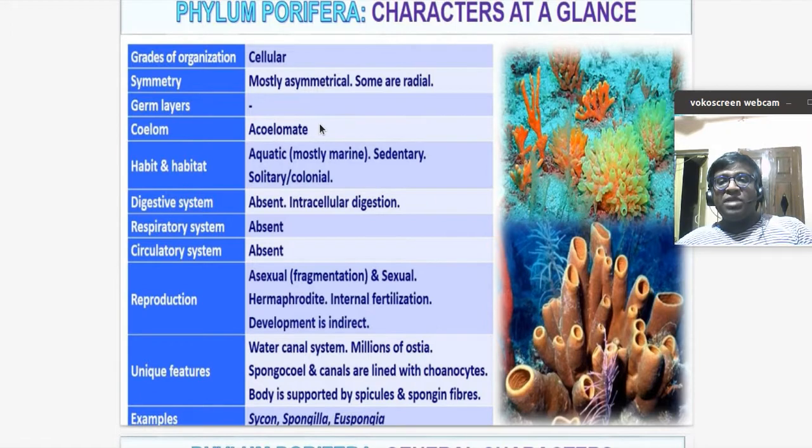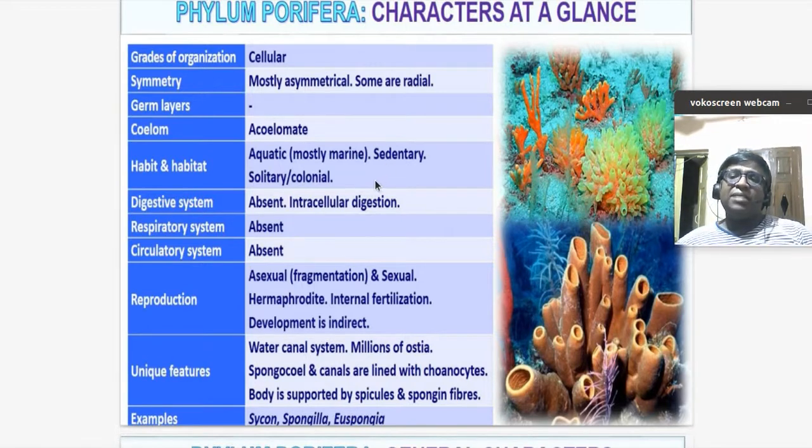Habit and habitat. Whenever we talk about habit, it is where they are found, the address of an organism. Habitat is the livelihood of an organism. So are they heterotrophic, autotrophic, parasites or saprophytes? That is what the habitat indicates. These poriferans, the sponges, are aquatic.